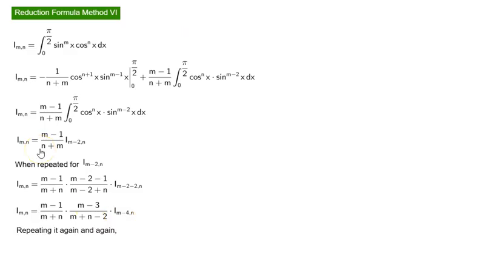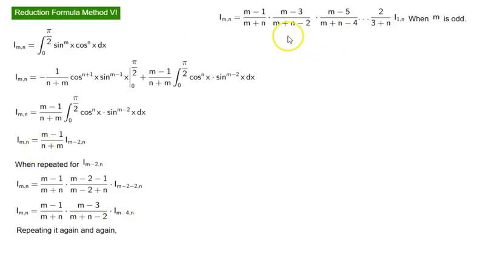We are repeating it again and again so that we end up with m minus 1 by m plus n times m minus 3 by m plus n minus 2 times m minus 5 by m plus n minus 4 and so on till we reach 2 by 3 plus n times I sub 1 comma n.